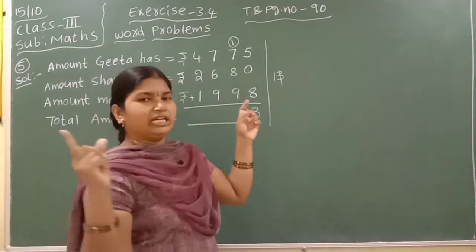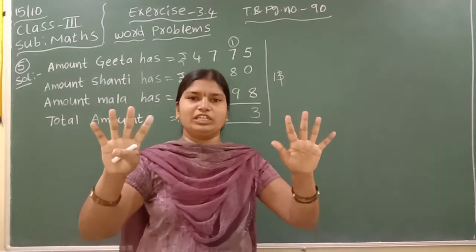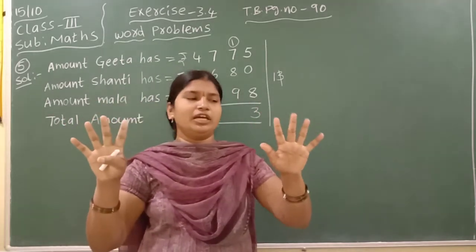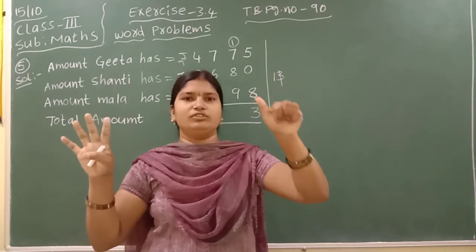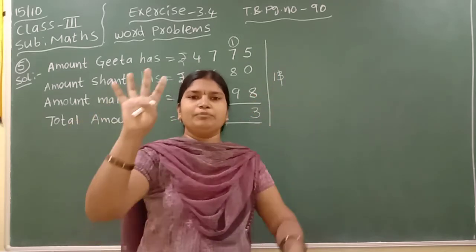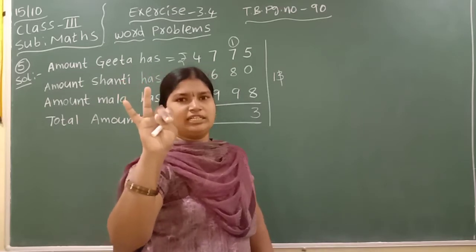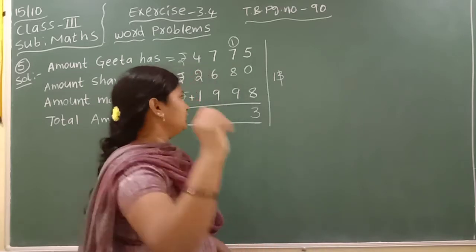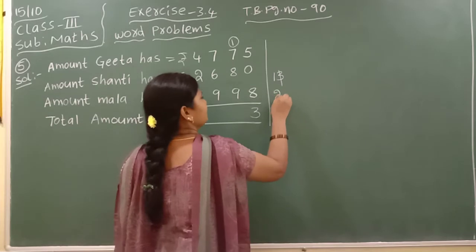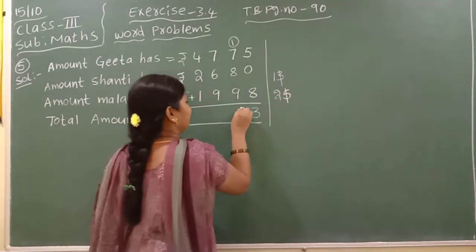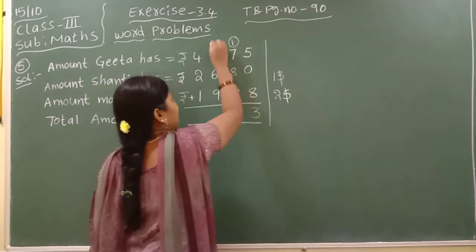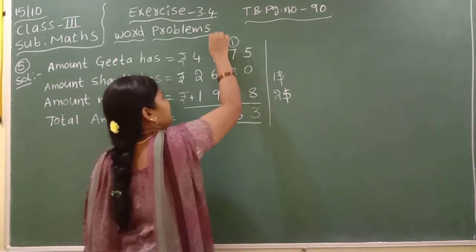Take 9 fingers. 16, after that 17, 18, 19, 20, 21, 22, 23, 24, 25. 25 is a 2-digit number. Cut the ones place and write it here. Next place, write it down as regrouping.